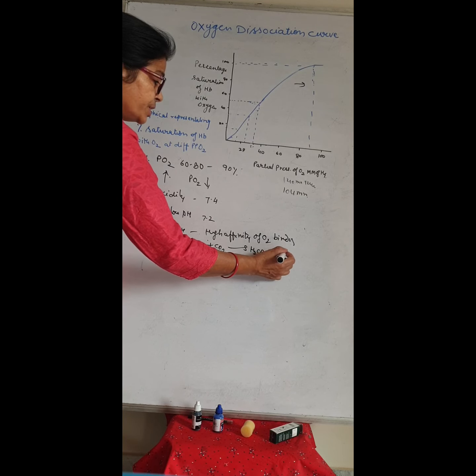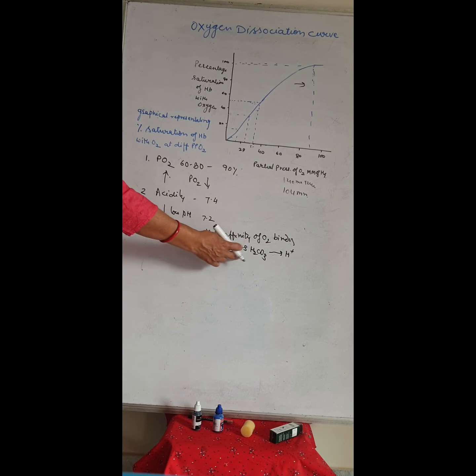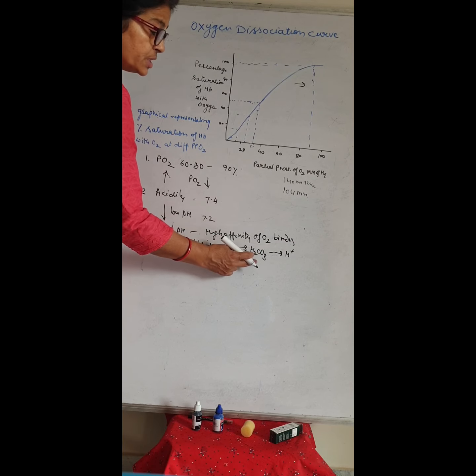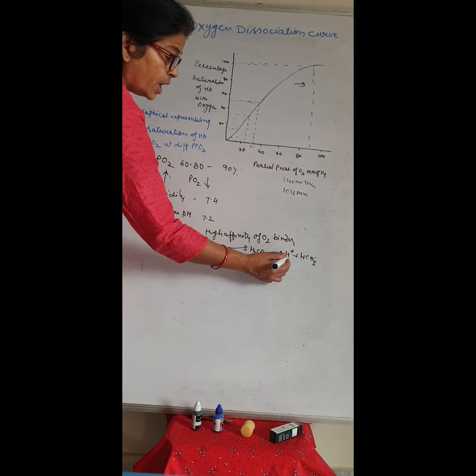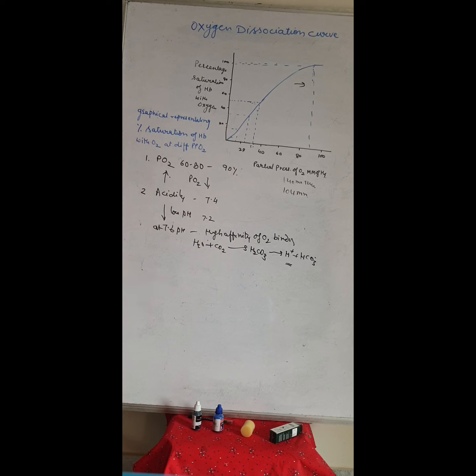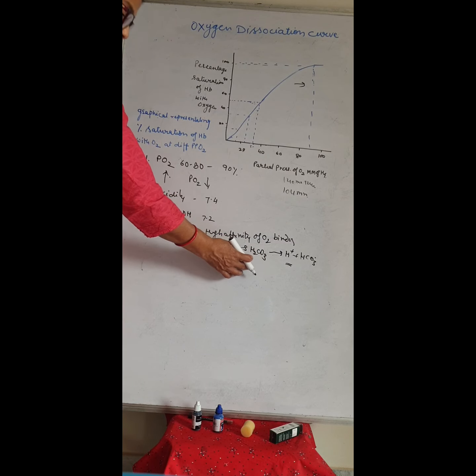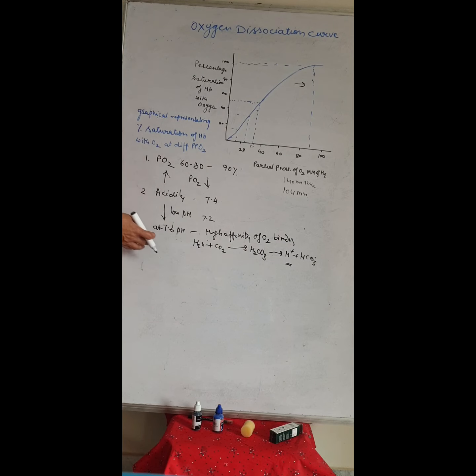The carbonic anhydrase enzyme combines carbon dioxide and water, and carbonic acid forms. This dissociates and forms the bicarbonate ion, so a proton is released, so the acidity is released. When the carbon dioxide is more, the acidity is there.